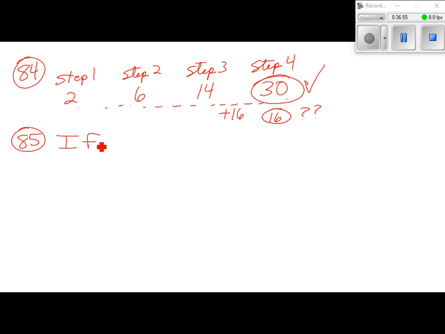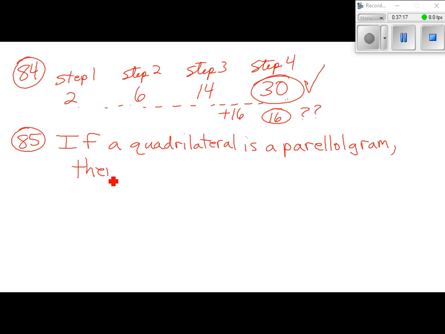So 85, we're just going to say if a quadrilateral is a parallelogram, that's our hypothesis part, that's the if part, then it has 2 pairs of parallel sides.